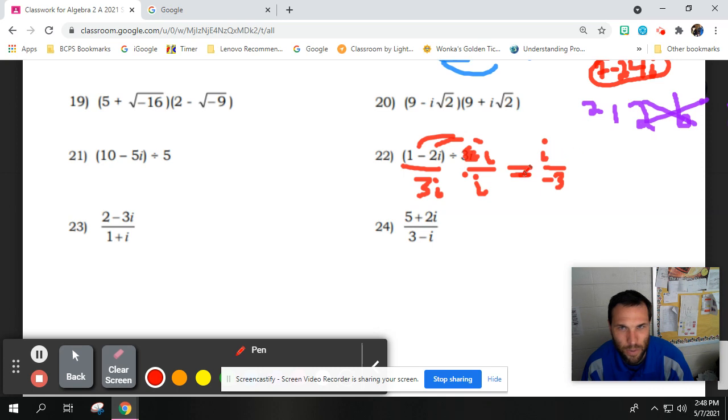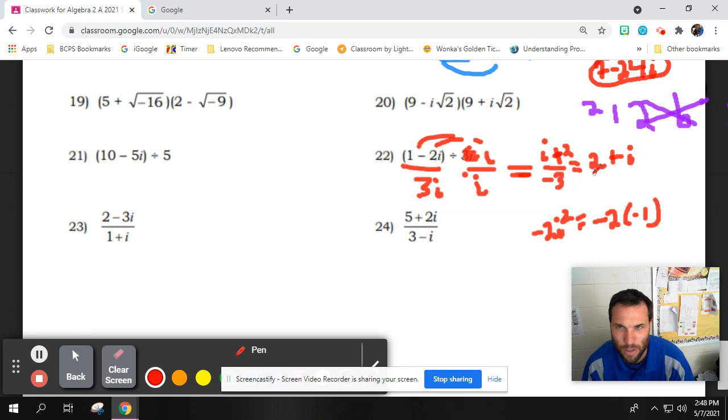And then negative 2i times i is negative 2i squared, because i squared equals negative 1. So I'm going to write this, negative 2i squared, which is equal to negative 2 times negative 1, because i squared is equal to negative 1, is equal to plus 2. And we should write that as a plus bi all over negative 3, and that's it.